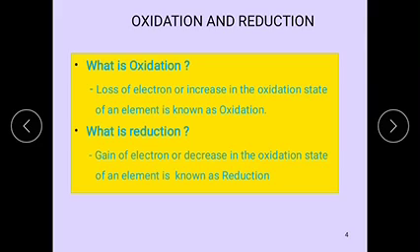These are the various definitions of oxidation and reduction.